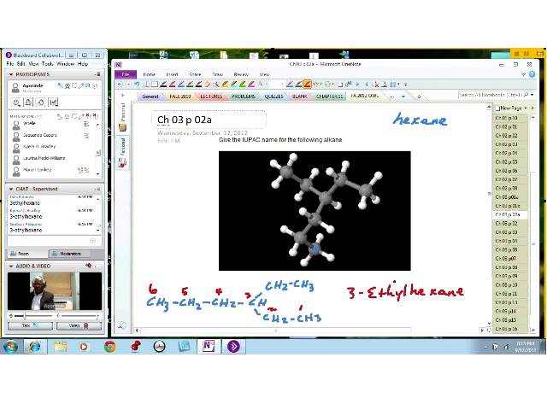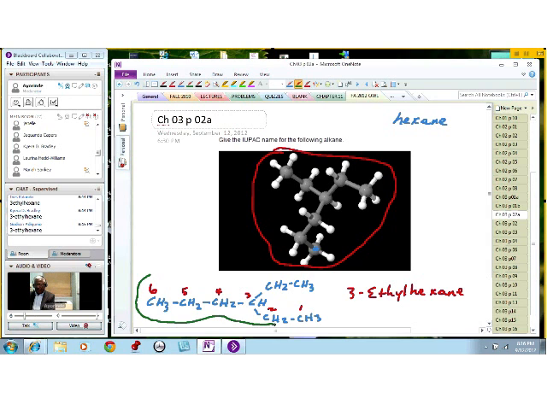So what you need to do here, whenever you are given a molecule in 3 dimensions, just as you have here, to make it easy for yourself, go ahead and write out the molecule in 2 dimensions, just like I have right here. That way it is much easier to see.